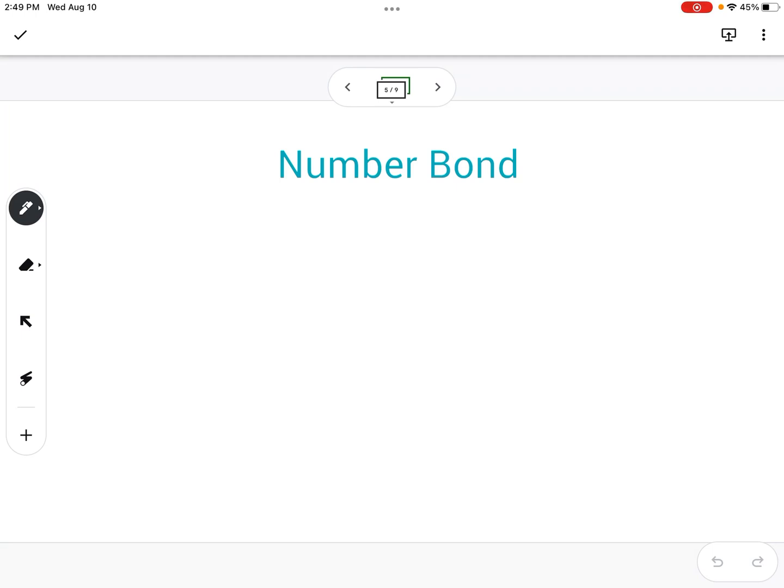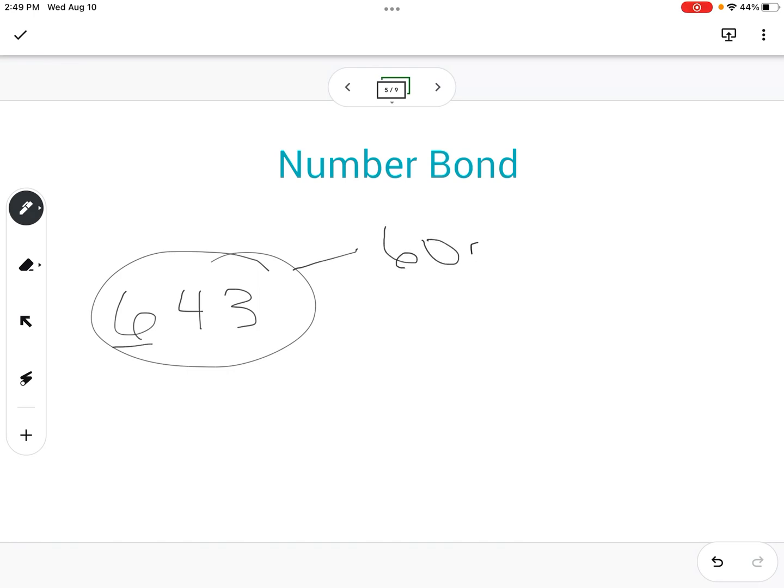Then we get to our number bond. So if we were to use the number 643 as an example, we're creating a number bond, and we use this to help scaffold to get to expanded form. We can kind of think back to that unit form, but it's breaking it down and looking at the number of what that digit represents. So with 6 in the hundreds place, that has a value of 600.